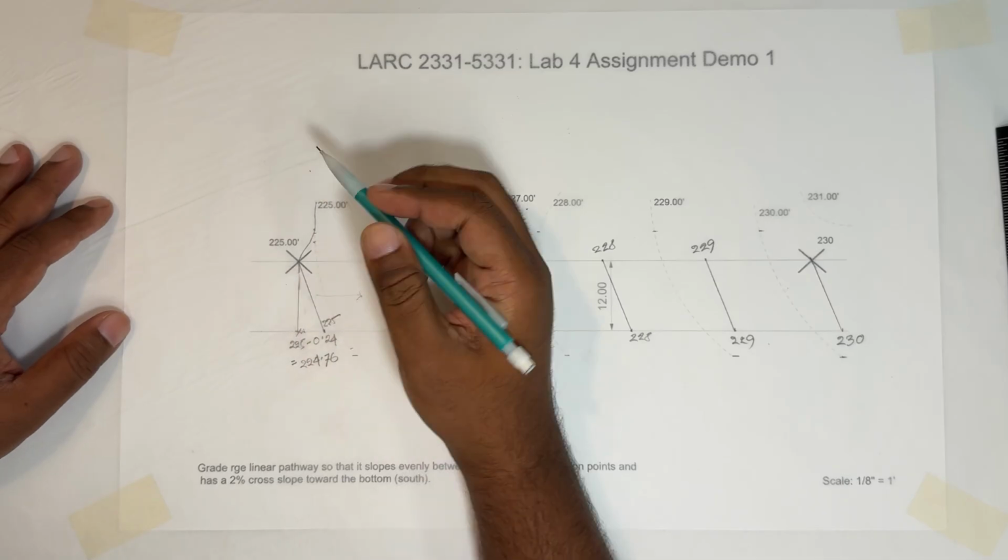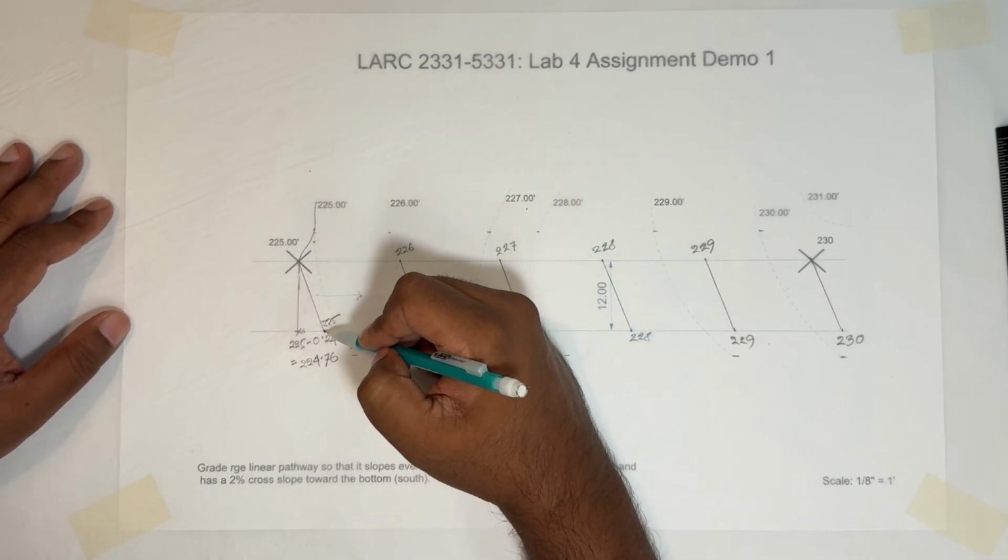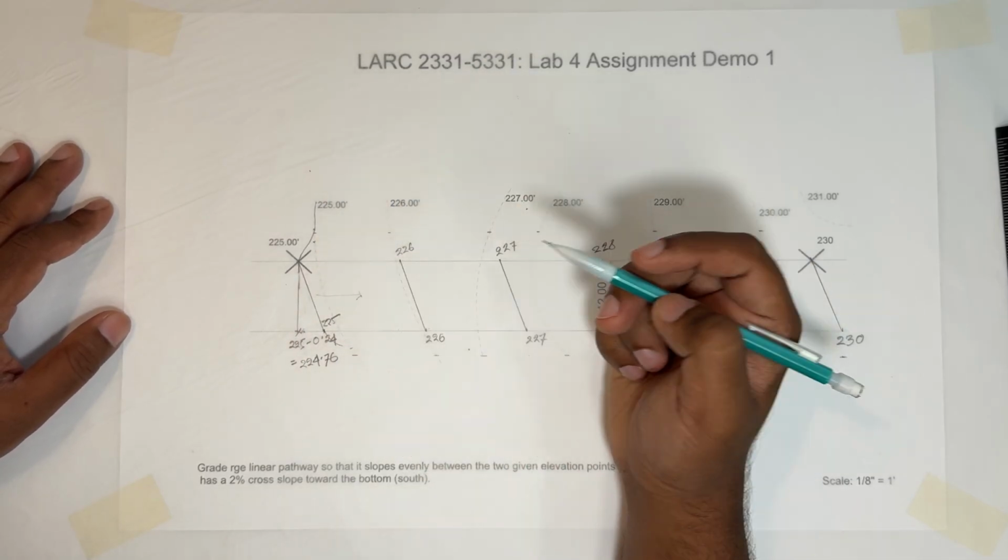Now the rest can be freehand drawing. So I'll just connect them.